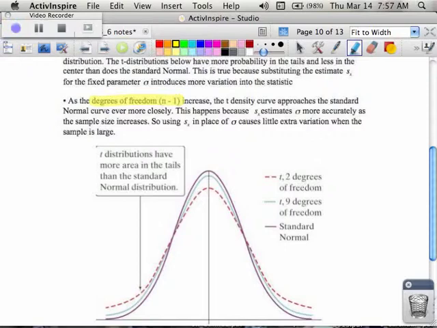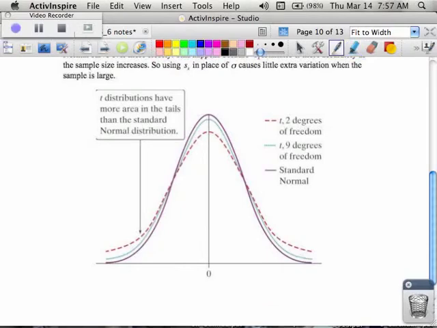In our picture up here on the board, what you'll notice is our z interval is this red line right here. This is our z distribution. If I were to take a t distribution with 2 degrees of freedom, you'll notice that the tails in the light blue are higher than the tails in the red for our z.